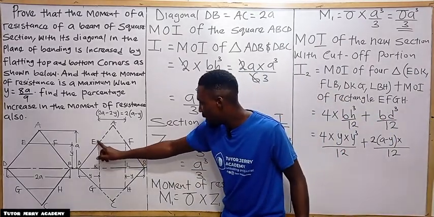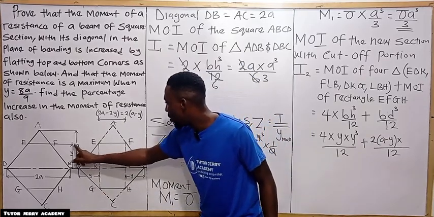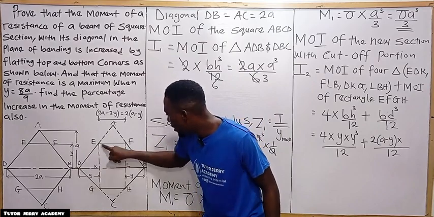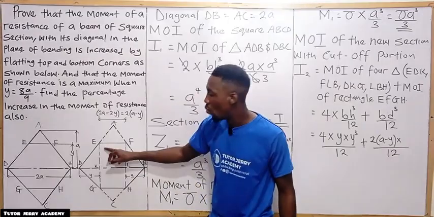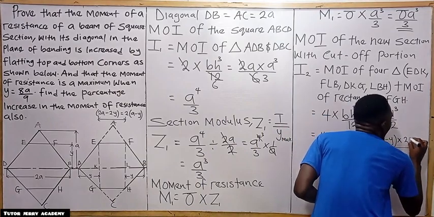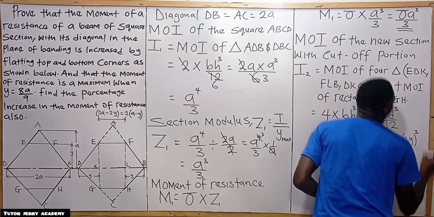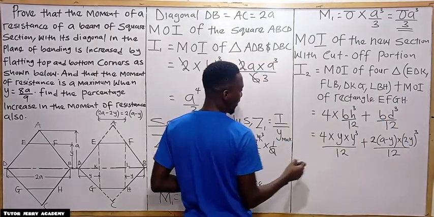This is our rectangle here, EGHF. We know that EK is y and KG is also y, so it's y plus y, which is 2y. So we are going to have 2y cubed here.